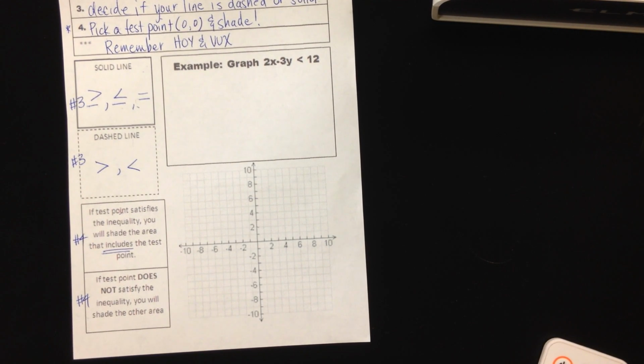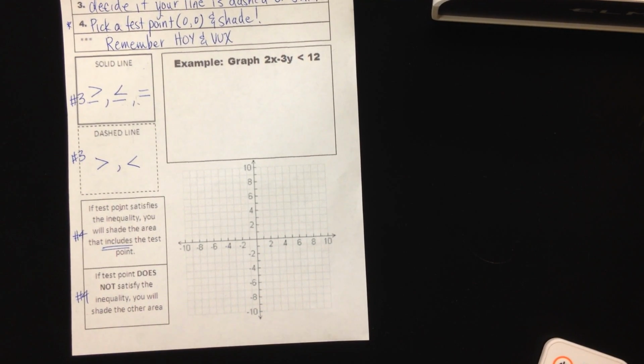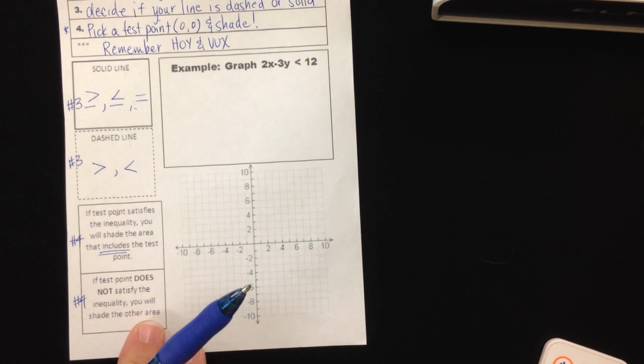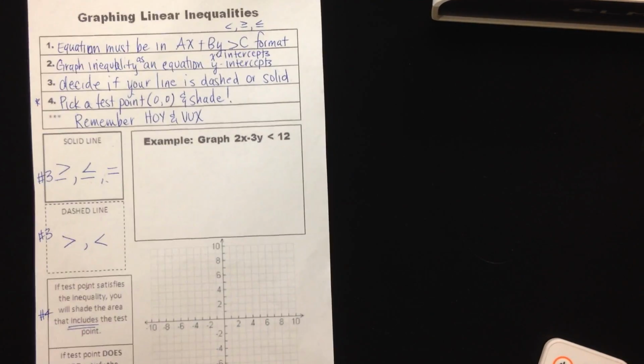And once we do an example, this will kind of make a little more sense. If the test point does not satisfy the inequality, meaning it makes the inequality not true, you will shade the other area. Okay? So keep these in mind. We're going to go through these as we work this example, step by step, and then we're going to do several examples in our notes packet.